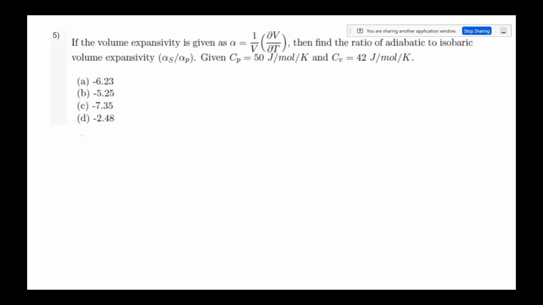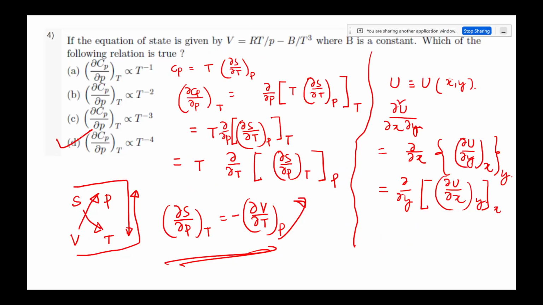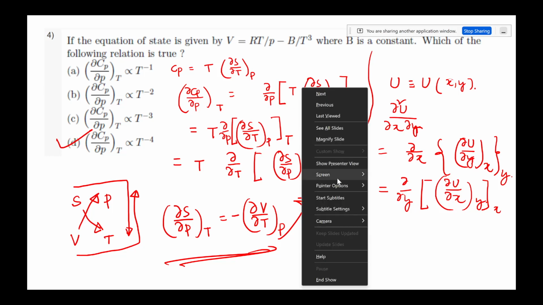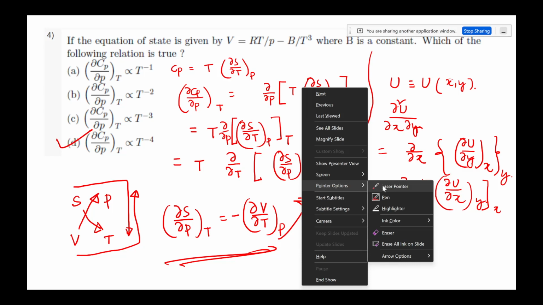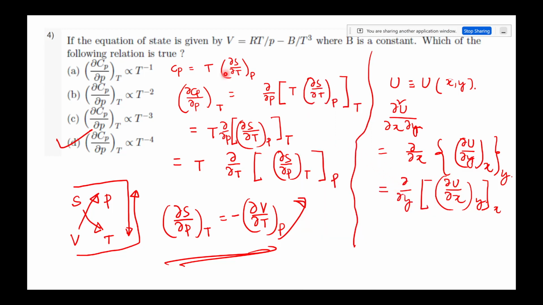Should I move to the next, or okay, let me go through this once more because it is quite difficult for you to understand fast. So let me take this laser pointer.